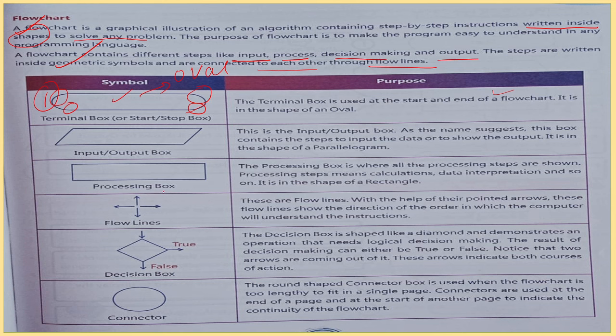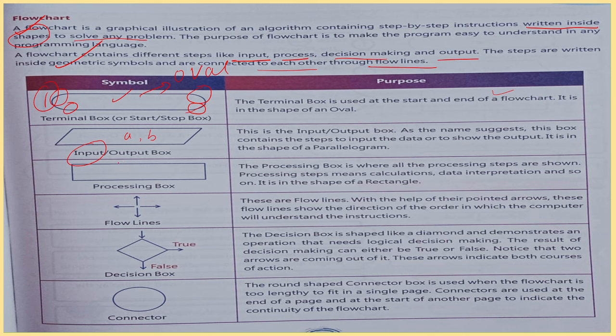Next is the input and output box. The input box is used to take inputs, like in the previous example we took two numbers, a comma b, as input for addition and then the average. The output box reflects the average value of these two numbers.